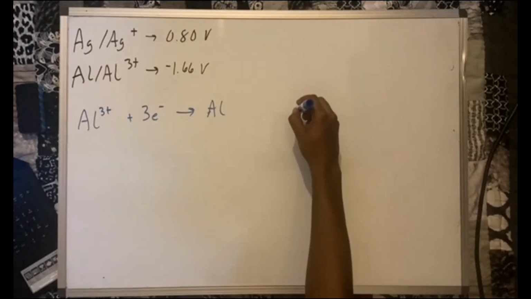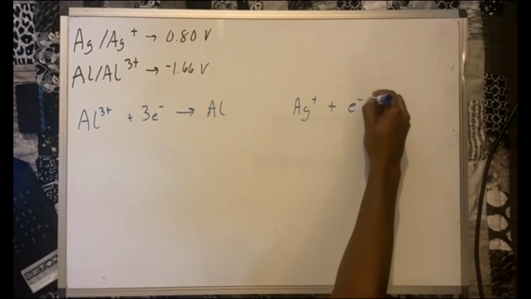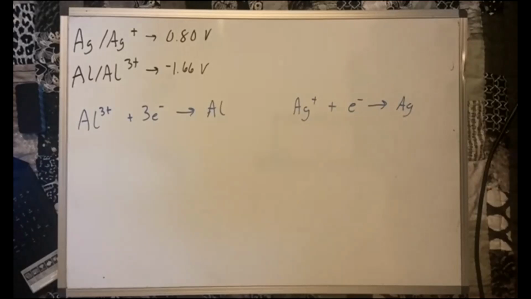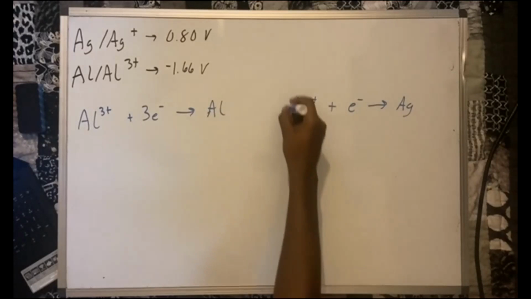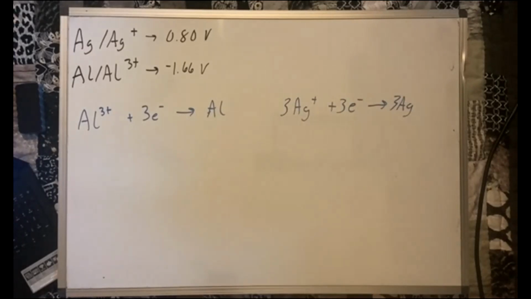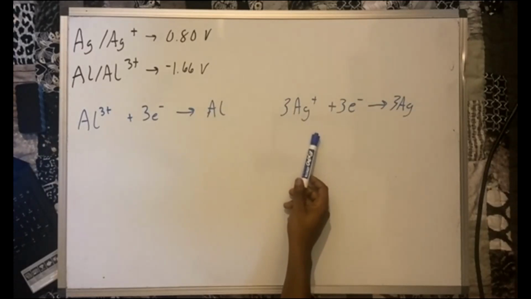And then Ag+ + e- goes to Ag. One thing you can tell, you're obviously going to multiply this one by 3 to get our electrons to go away. So now the question is, which one of these is reduced and which one is oxidized?